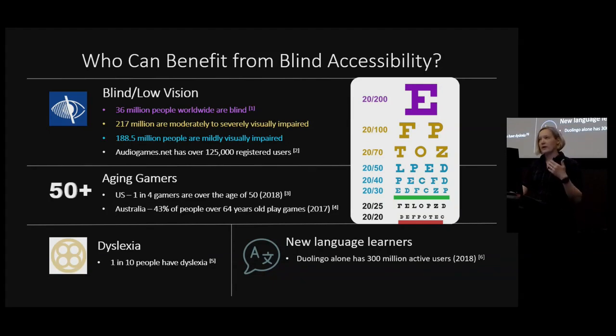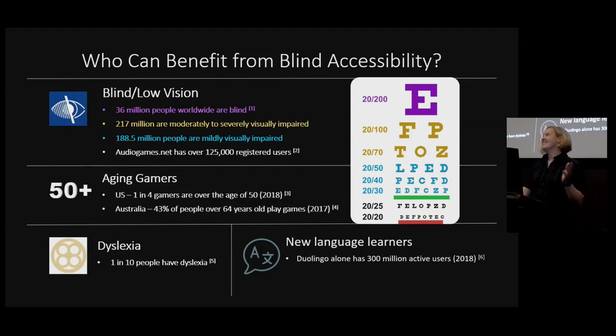But also, even when it comes to people who see just fine, you also have people who have issues with text. So people who are dyslexic, some people use screen readers to help them comprehend the text. And 1 in 10 people have dyslexia. And then you also have new language learners. So again, I couldn't find a good statistic.